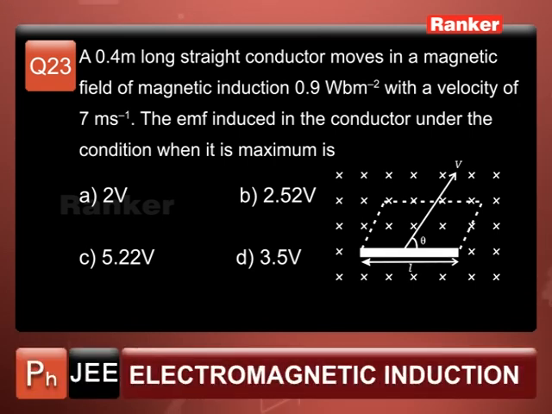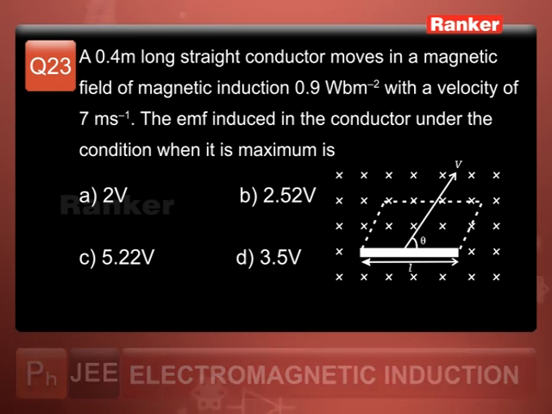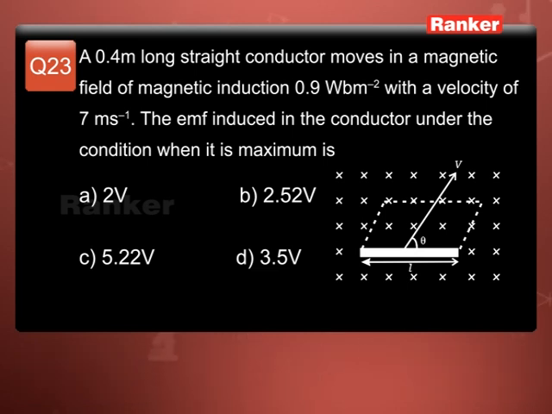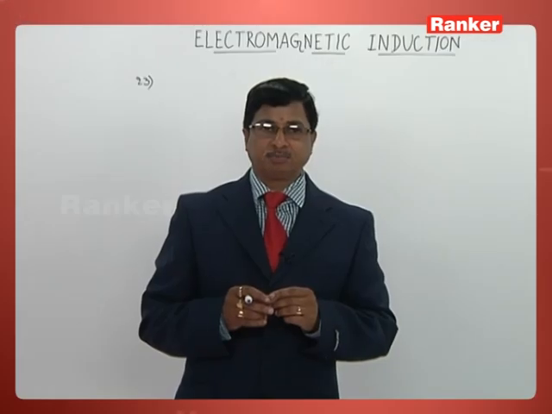The options are given this way. First option is 2 volt, second option is 2.52 volt, third option is 5.22 volt, and fourth option is 3.5 volt. The correct option for this particular problem is 2.52 volt, which is the second option out of the given 4 options.